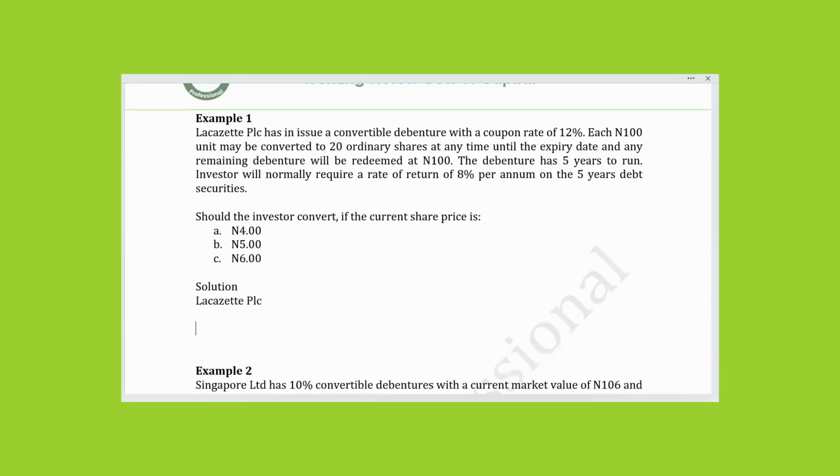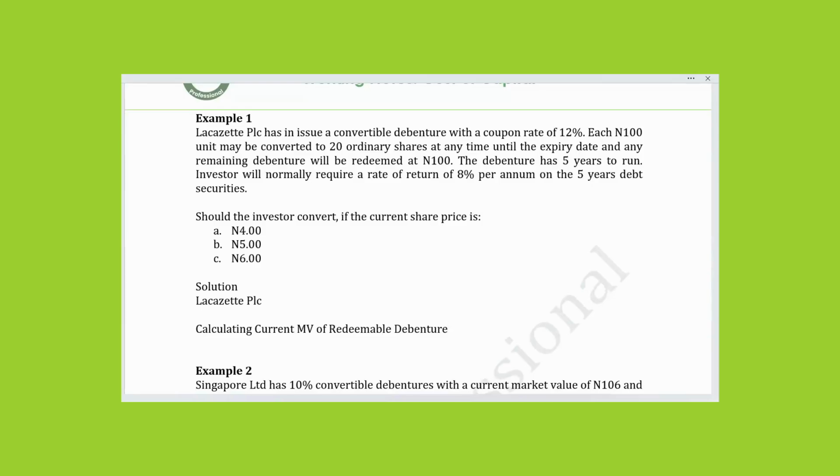So the first thing you are going to do is to calculate the current market value of the redeemable debenture. Remember what I told you.